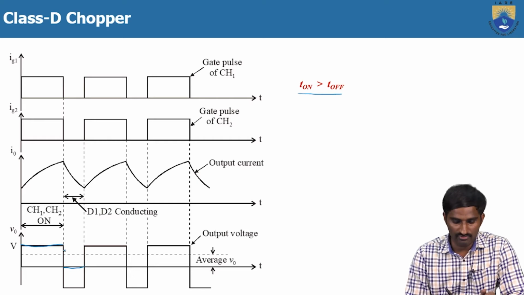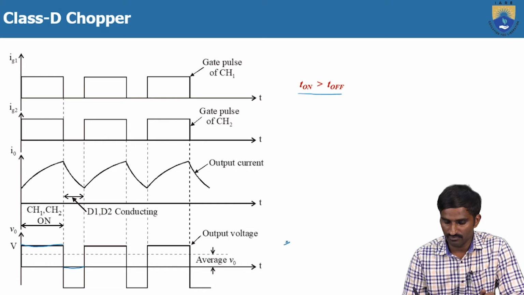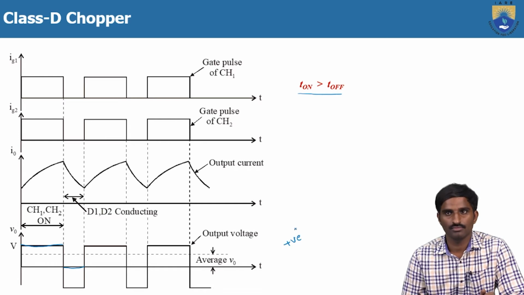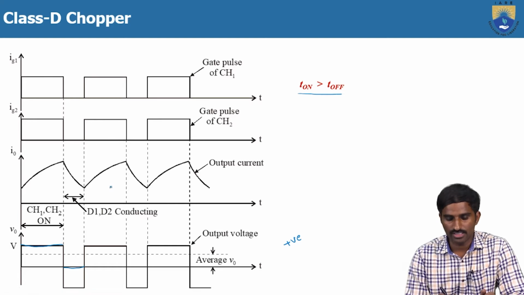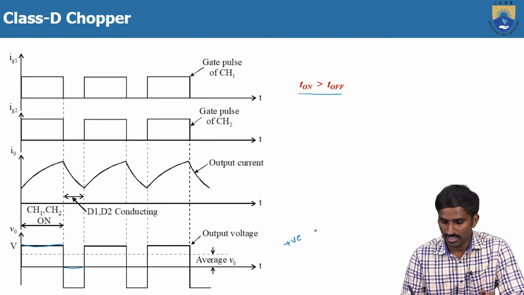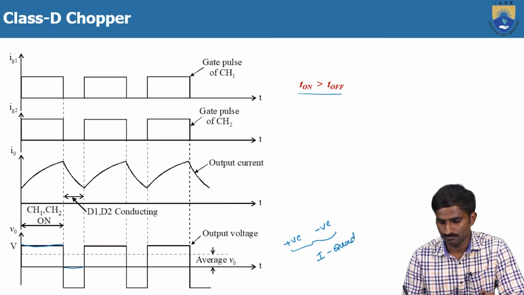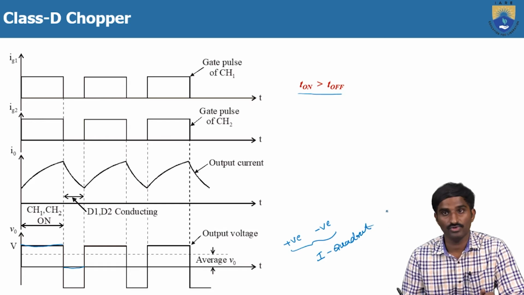If you take the average value of this voltage waveform, it is always positive, because T on is greater than T off, and the current is also positive. So this is the first quadrant operation.